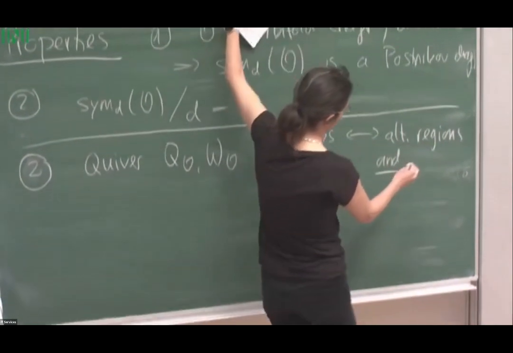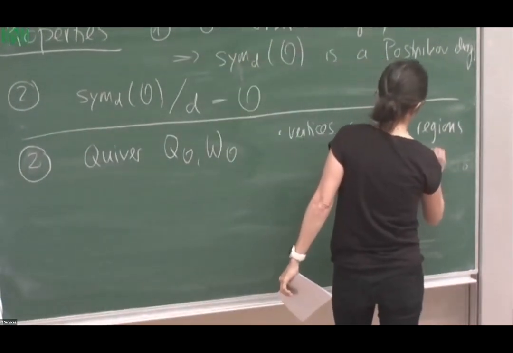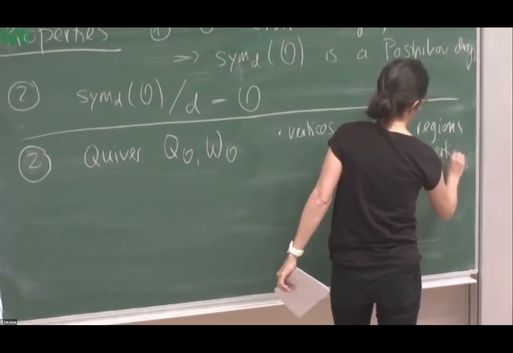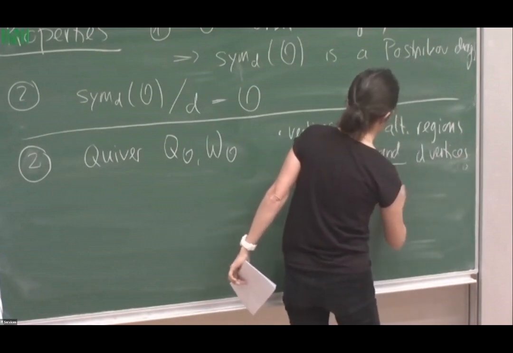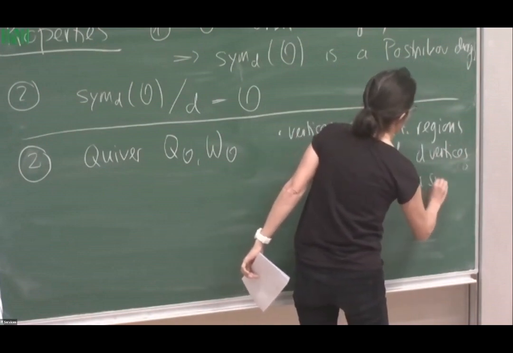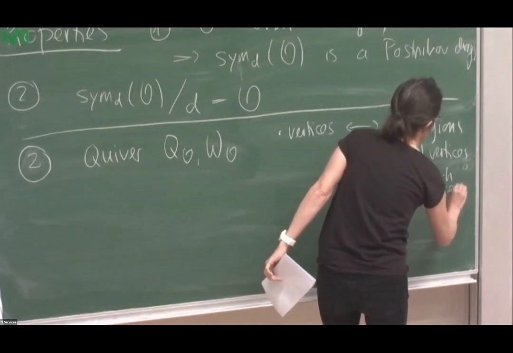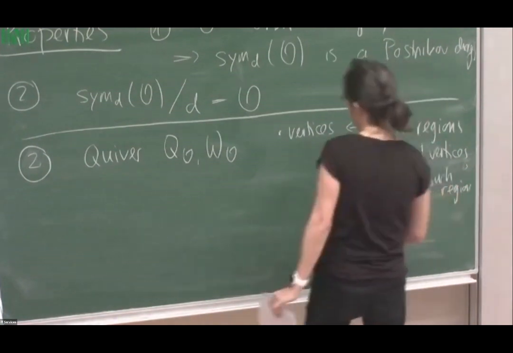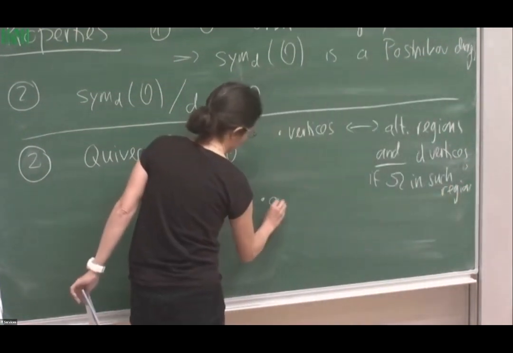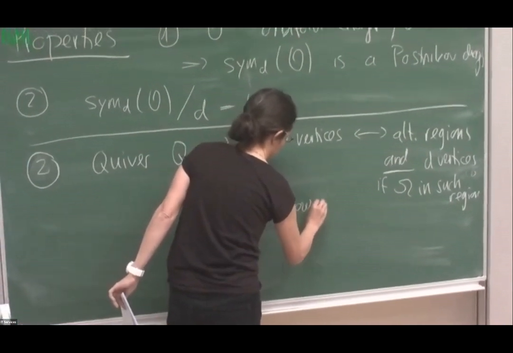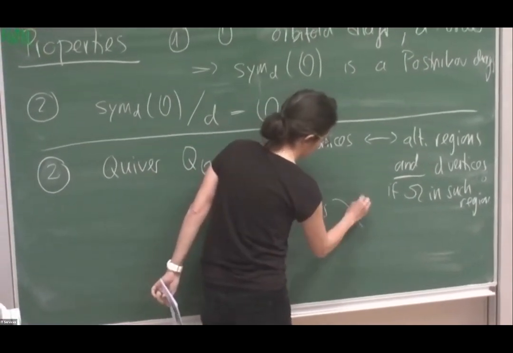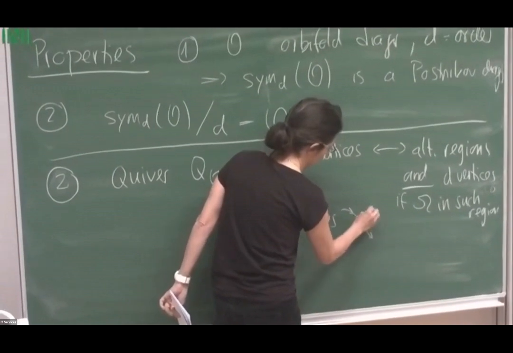So, D vertices if omega is in such a region. And then arrows come from the strands.